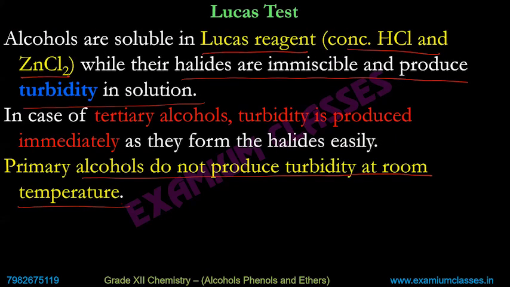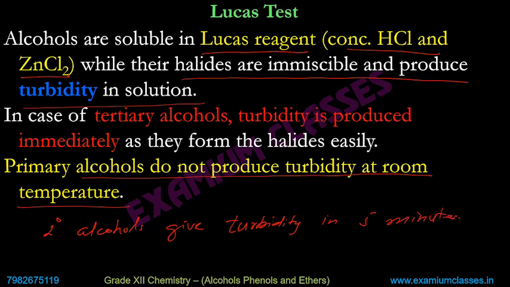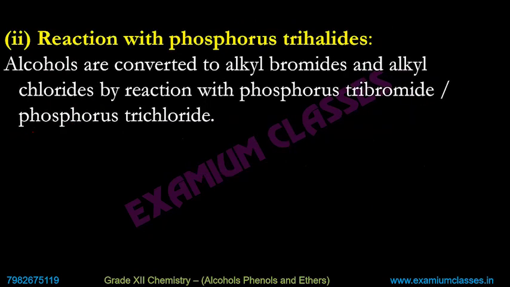And secondary alcohols give turbidity when we shake, in around 5 minutes, not immediately. In tertiary alcohols, that's why it is written immediately. The moment the reaction is carried out, you get turbidity.